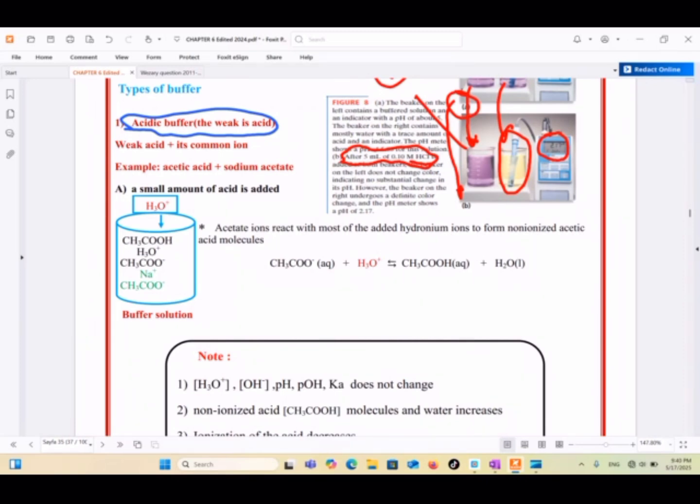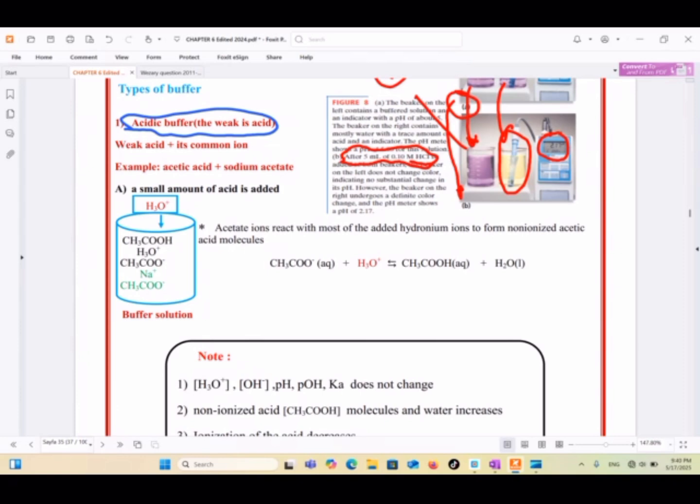That's why this is the condition: a small amount of the strong acid and strong base should be added in order to let the buffer solution resist change in pH. Otherwise, the solution will no longer be a buffer solution.